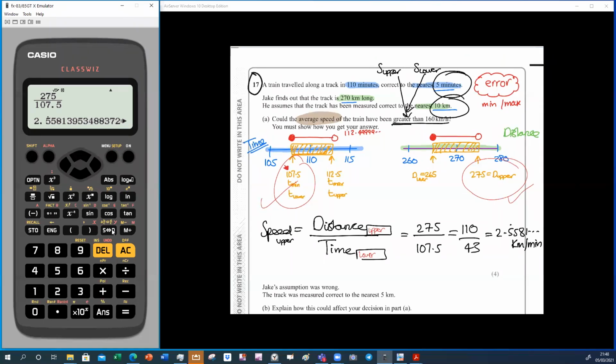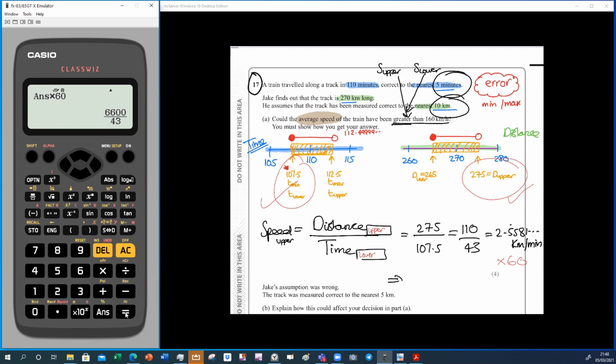We're changing kilometers per minute into kilometers per hour. So what is the simple conversion that we do? Times it by 60. Since we've got the calculator already fed in, we just hit times by, it automatically uses the answer, times it by 60, because that will give us our answer.